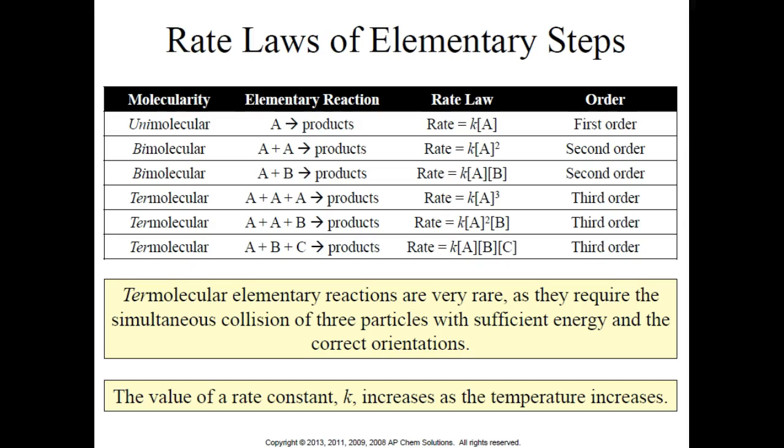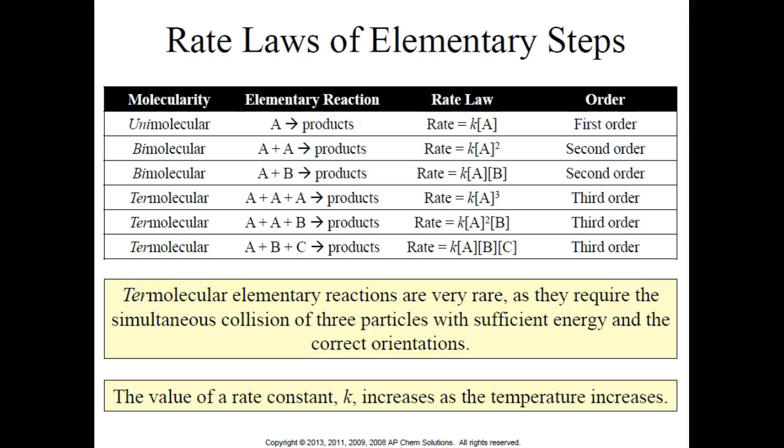And there's usually not third order reactions because all three particles have to collide with the correct orientation and with sufficient energy. So remember way back from earlier lectures, they have to collide, they have to be oriented correctly, and they have to have sufficient energy in that orientation of collision. So that doesn't happen so often.